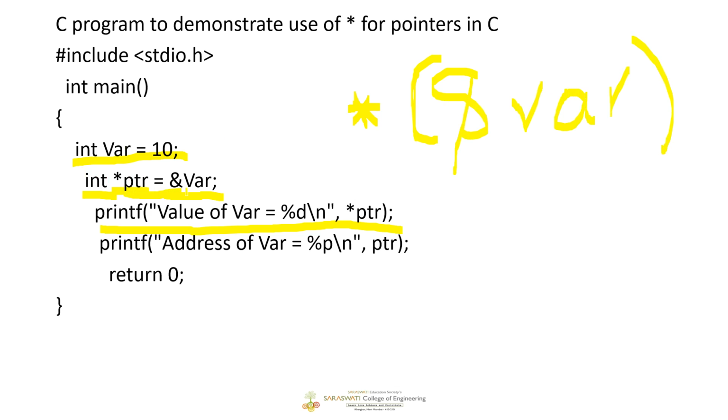Look here, ptr is ampersand var. So what is star ampersand var? Remember, ampersand var is the address of variable var. Star ampersand var means value at address of var. Value at address of var is 10.